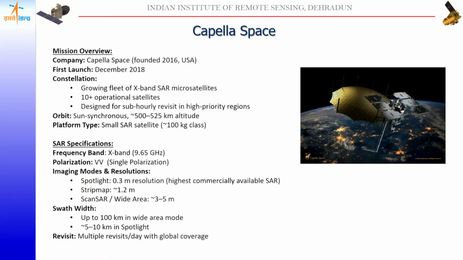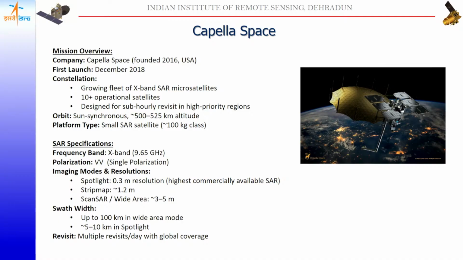Another expand satellite is Kepler Space. Kepler Space is commercial, launched in 2018, and it has a constellation of micro satellites. It uses the concept of multi looking on the onboard system also. They have a higher bandwidth, and they do multi looking to generate very good quality images with reduced speckle.